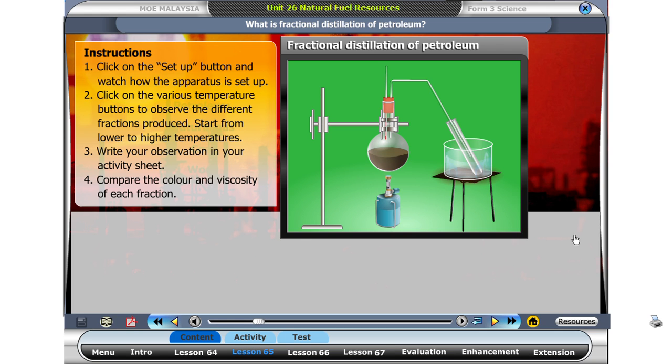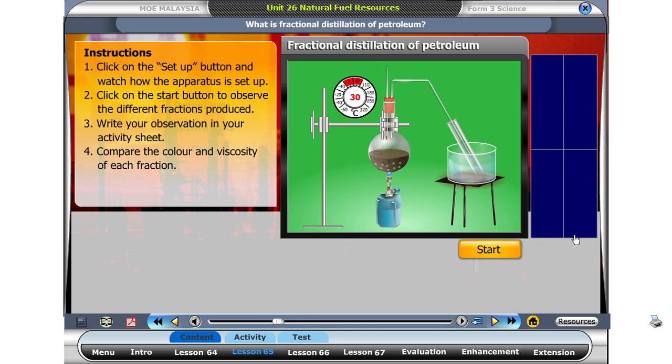The distilling jar is filled with crude oil until it is about a quarter full. Small pieces of porcelain chips are added. The porcelain chips absorb excess heat and prevent superheating and bumping. Now, use the Start button to observe the distillation process. Write your observations in your activity sheet.